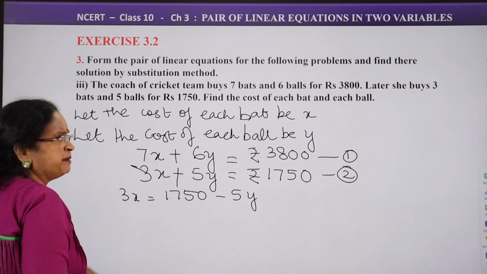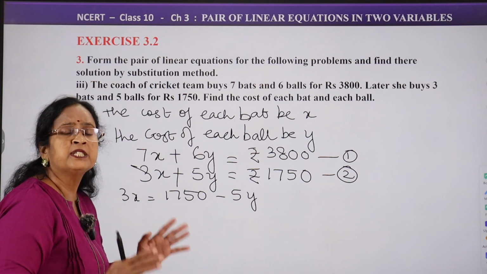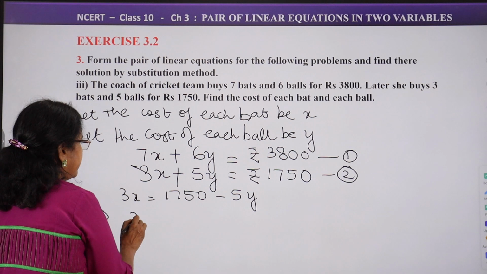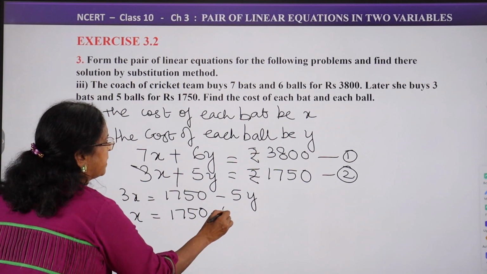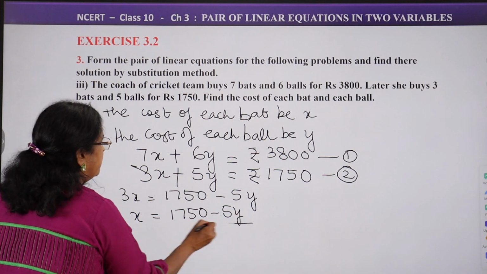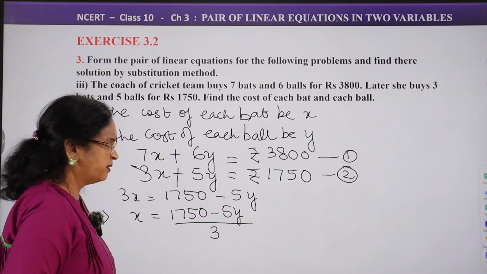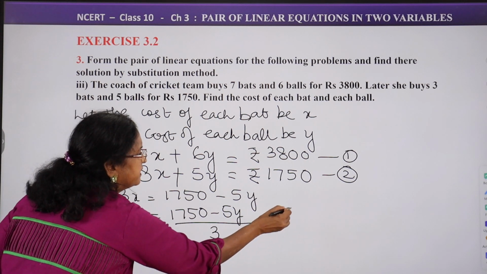Now, I can't keep 3x. I need to remove 3. Why? Because I want only x. So that implies x is equal to 1750 minus 5y whole by 3. Now, this is equation 3.